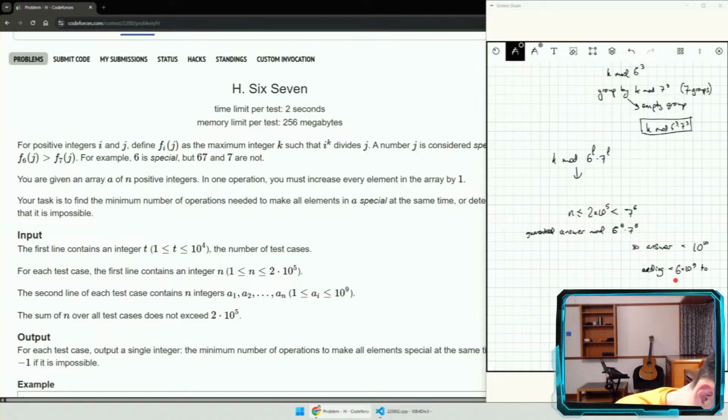Two values that are at most 10 to the 9. So all values stay under 10 to the 10. All values are going to stay under 10 to the 10. That doesn't really help.